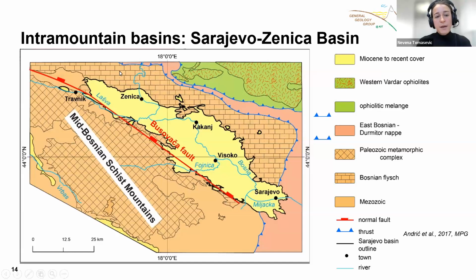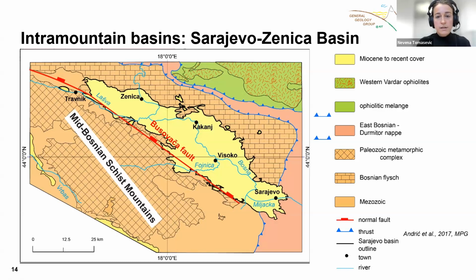This simplified map represents the geological map of the wider area of the Sarajevo-Zenica basin, where different colors represent different geological units. The striking feature here is this red line, which represents the Busovača normal fault, which played a very important role in the basin evolution. The Sarajevo-Zenica basin is represented by this yellow polygon. The Busovača fault is a normal fault which was a reactivated thrust.